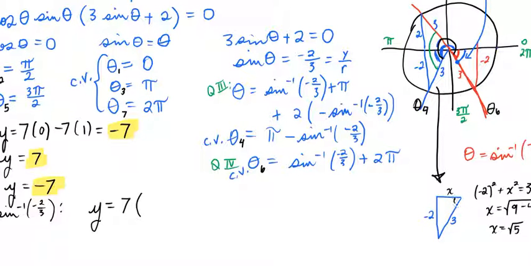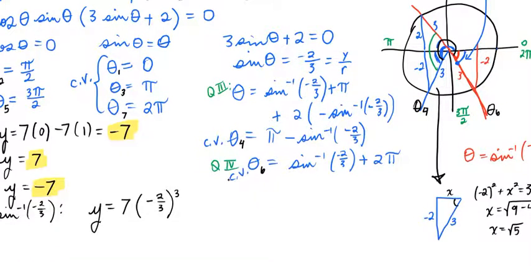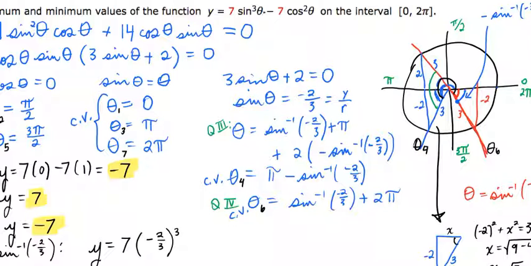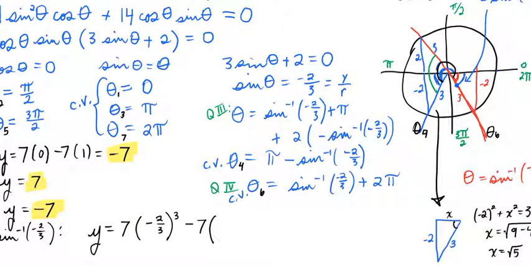The angle is here. Sine is y over r, negative 2/3. So it's negative 2/3, and that's being cubed, back in the original function. Minus 7 times cosine squared theta. Cosine theta, we just found x, actually it's negative. So it's negative root 5, that x value there, over 3, and that is being squared.